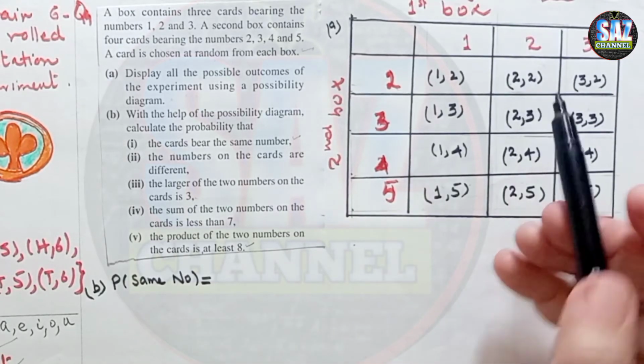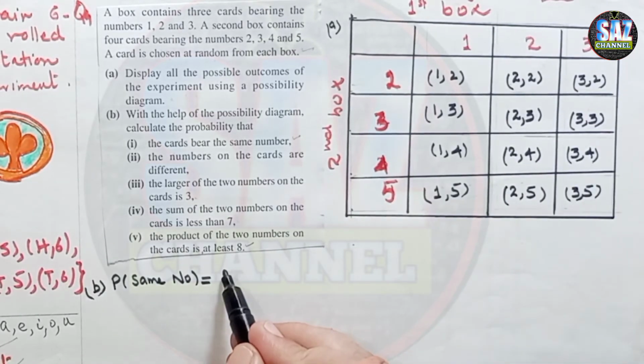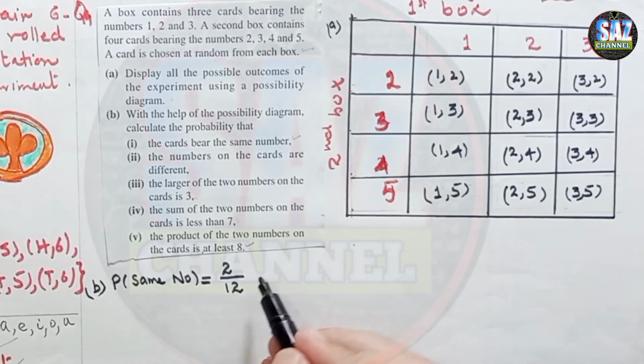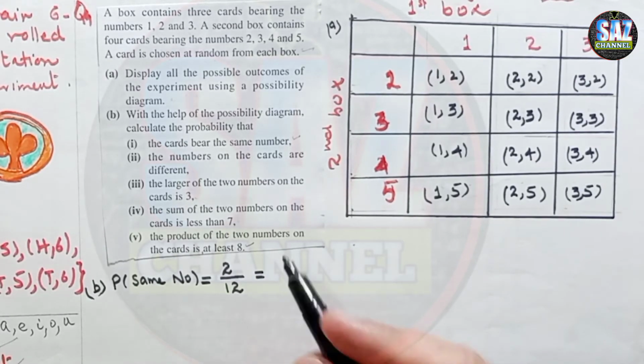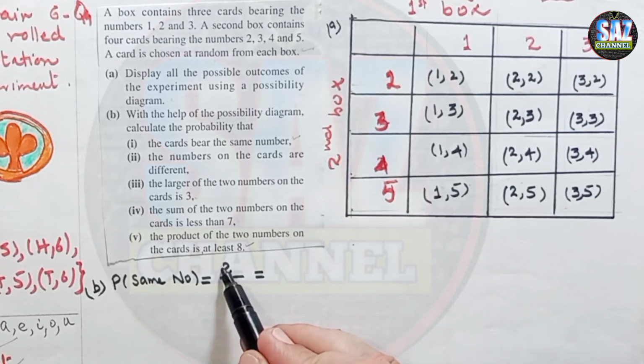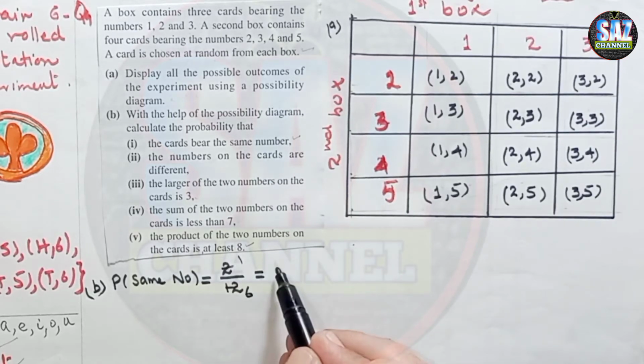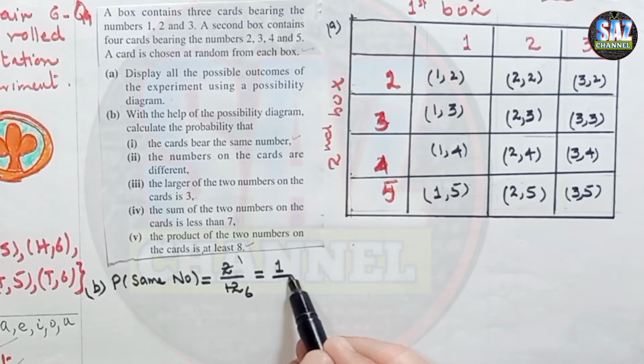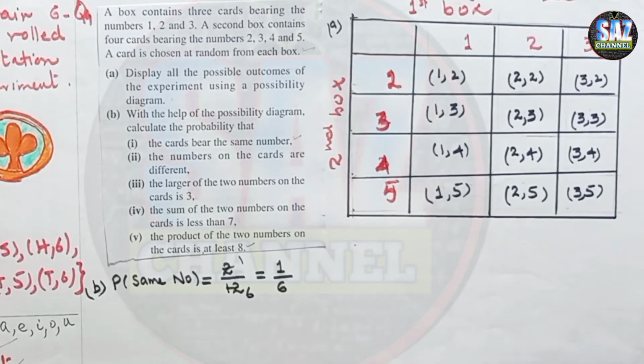The favorable chances are 2 and the total chances are 12, and we have to give our answer in the simplified form: 2 ones are 2 and 2 sixes are 12. So the probability of the same number is 1 by 6. I hope my students are clear about this, and let's move to the second part.